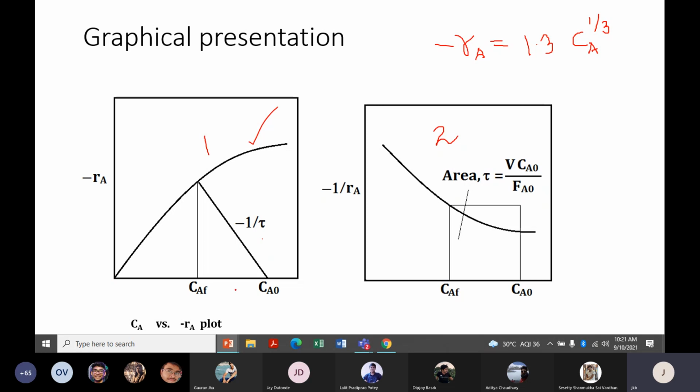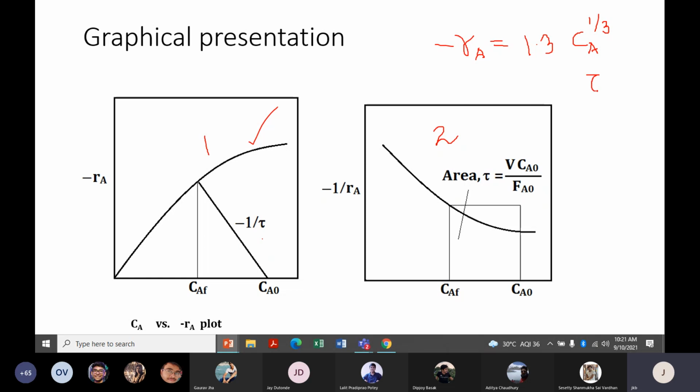And CA varies from CA0 to 0, with 0 at the origin for x equal to 0. If we use one CSTR of size 1 liter and a volumetric flow rate of, say, 200 milliliter per minute, we can find tau.